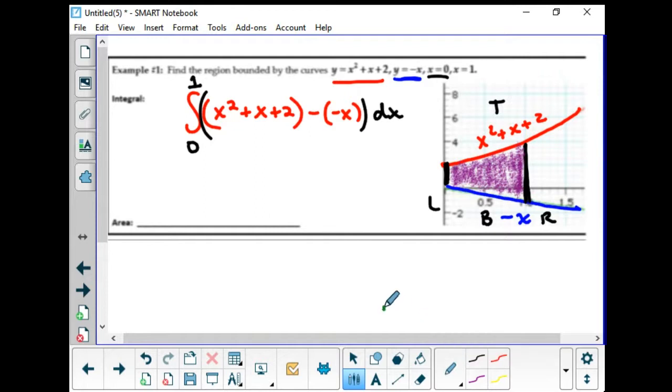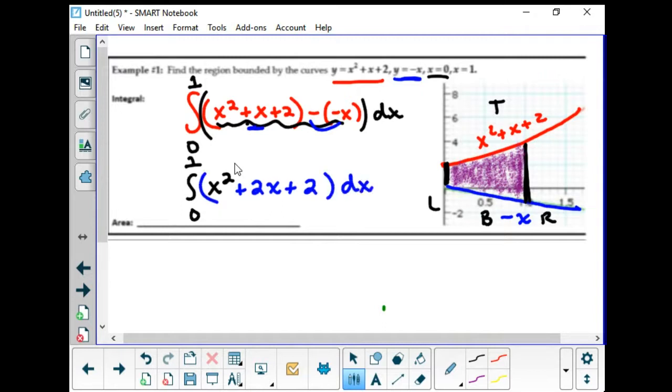Now, what happens next? For me, it makes sense to simplify inside before we do the antiderivative. So let's make this from 0 to 1, and then this will be x squared, and then plus x minus a minus x makes plus 2x.